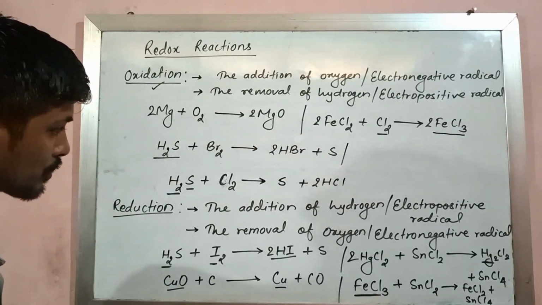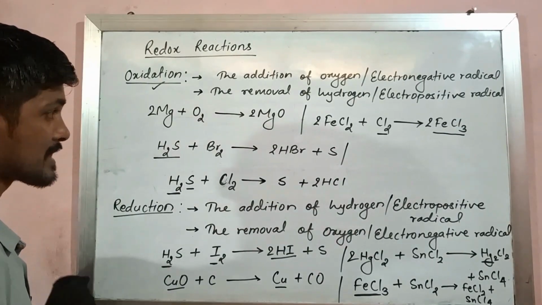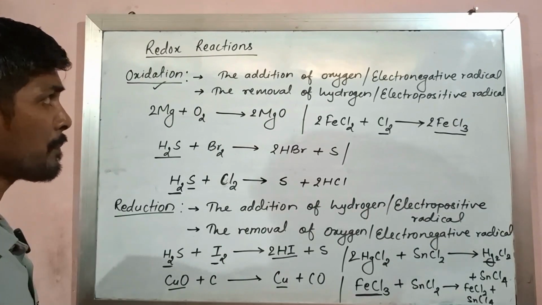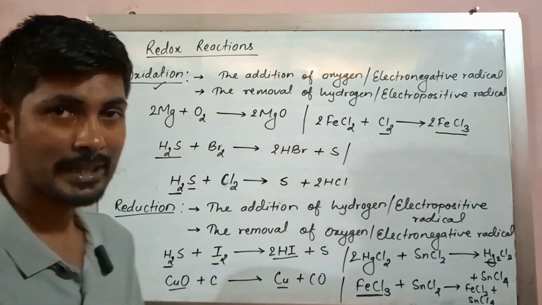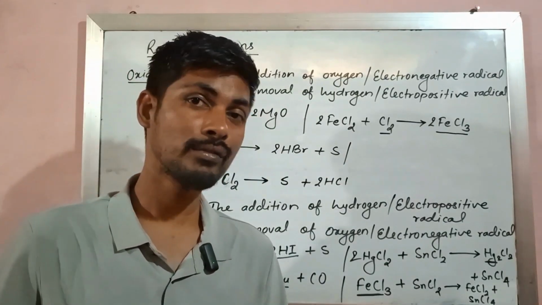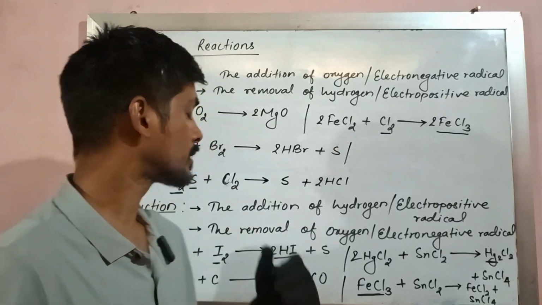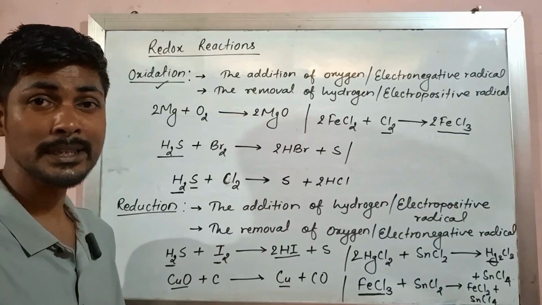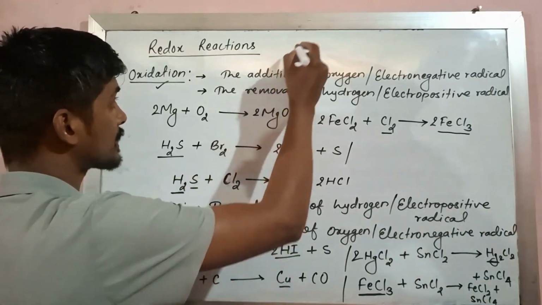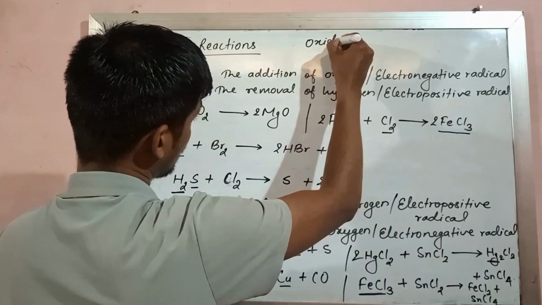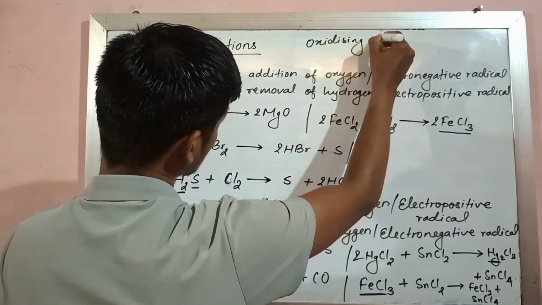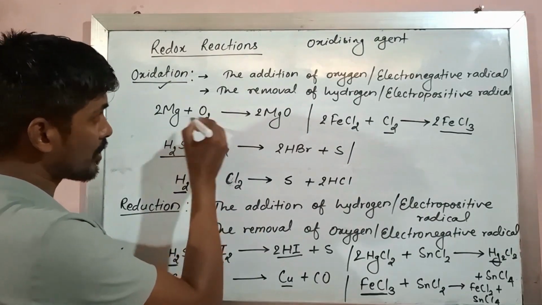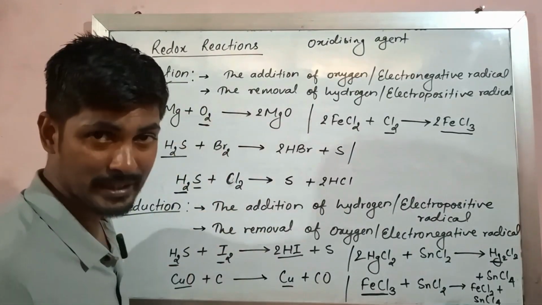Now let us talk about the oxidizing agent and reducing agent. Any substance, any atom or group of atoms that causes oxidation is called an oxidizing agent. Here in this reaction, oxygen is causing oxidation of magnesium.